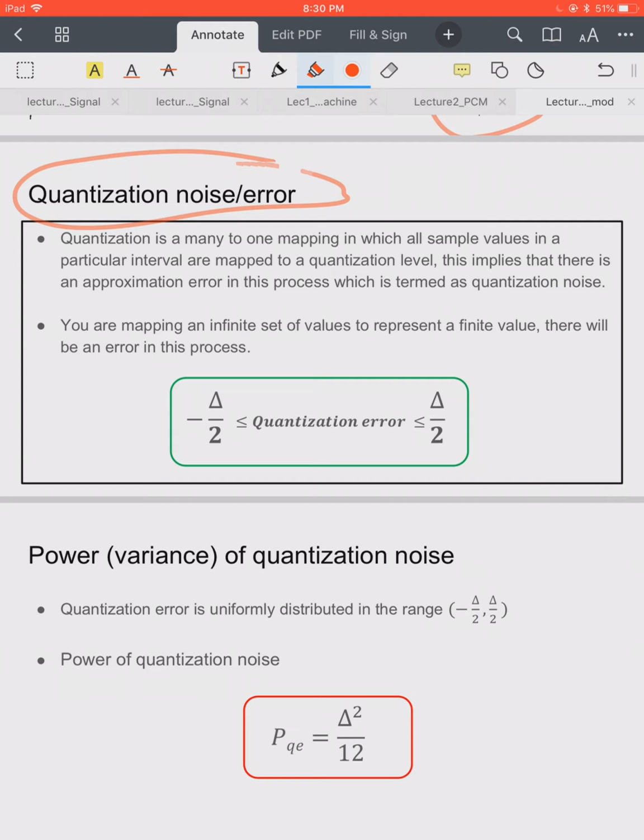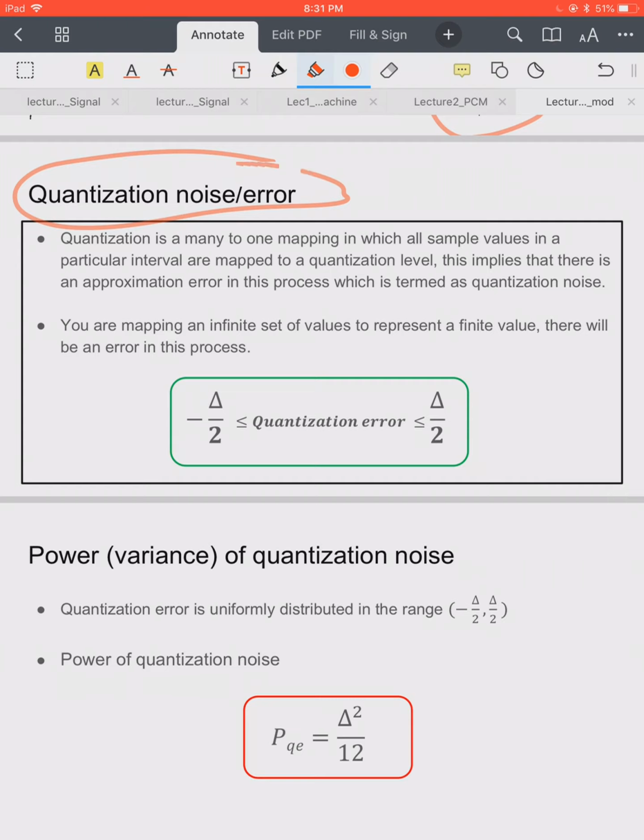We have said that all samples in a particular quantization interval are mapped to a particular quantization level, which is basically a many-to-one mapping, which means there are several values which are mapped to an approximate quantization level.